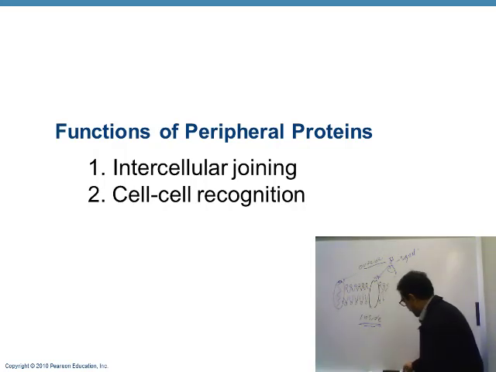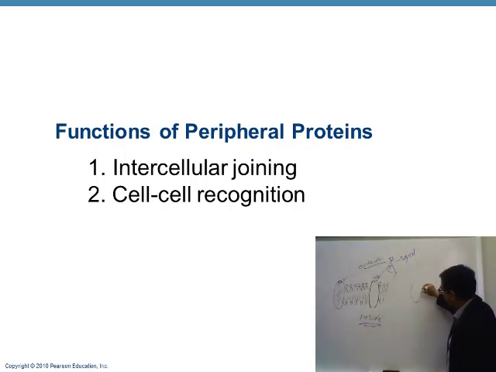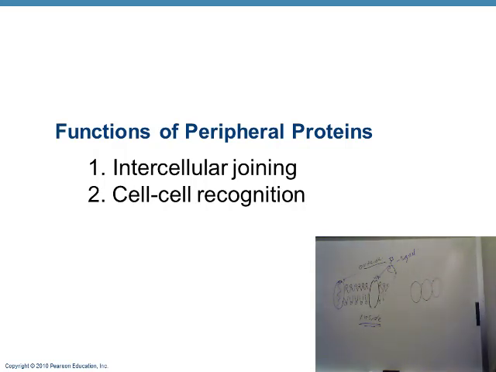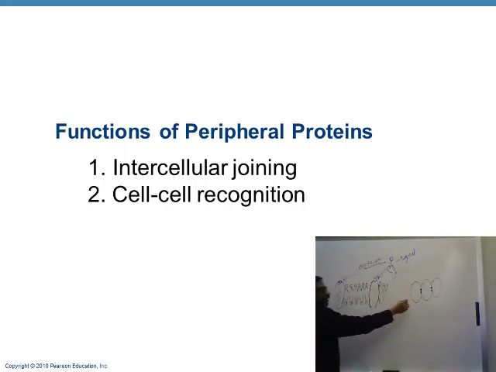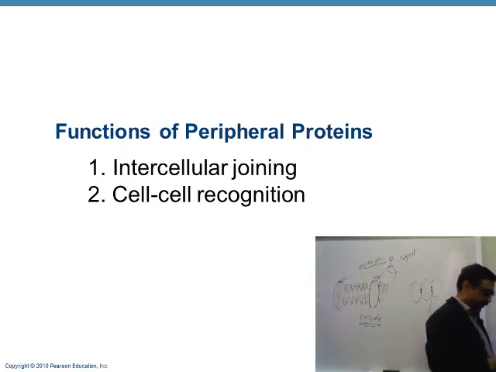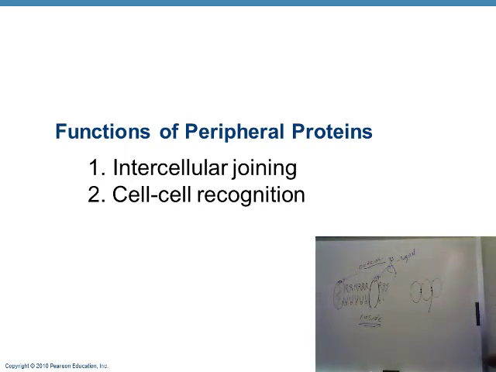I mentioned earlier that sometimes we see that the cells are attached to each other, and the cell membranes of adjacent cells are attached to each other by some protein structures. These are the intercellular junctions or joinings. So the cells are attached to each other.